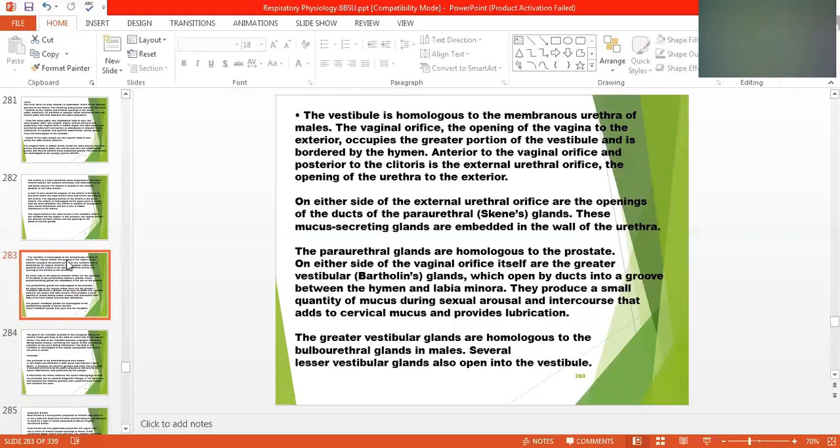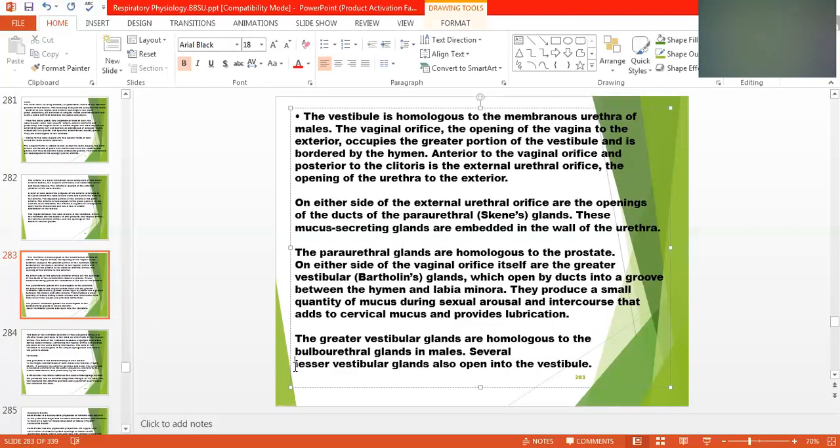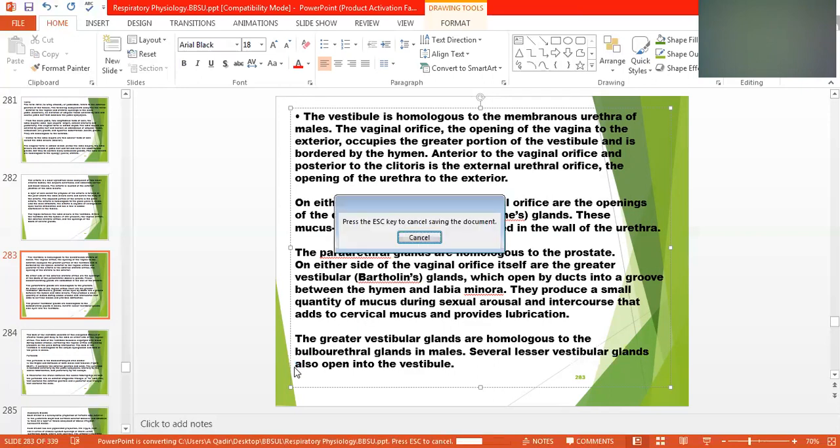The greater vestibular glands are homologous to the bulbourethral glands in the male. Several lesser vestibular glands also open into the vestibule.